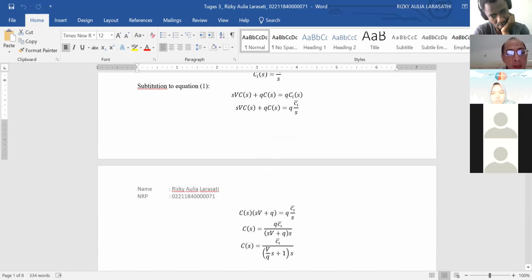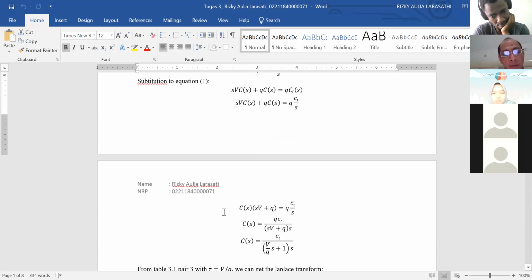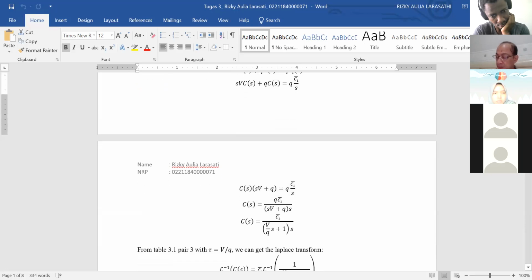And then C(s) times (Vs plus Q) equals QC_e per s. So C(s) equals QC_e per s(Vs plus Q). And then C(s) equals C_e per s times (tau s plus 1).